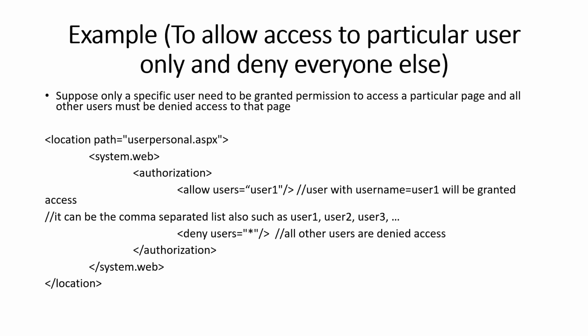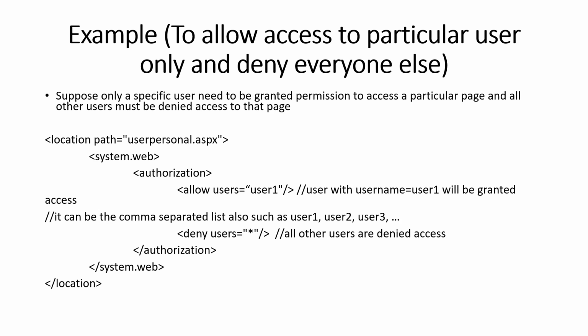Now in this example, we want to allow access to a particular user only and deny everyone else. So there are specific users to whom we want to provide access to specific pages, and other users must be denied access. Again, because we want to provide certain pages specific rules, we must use the location tag.